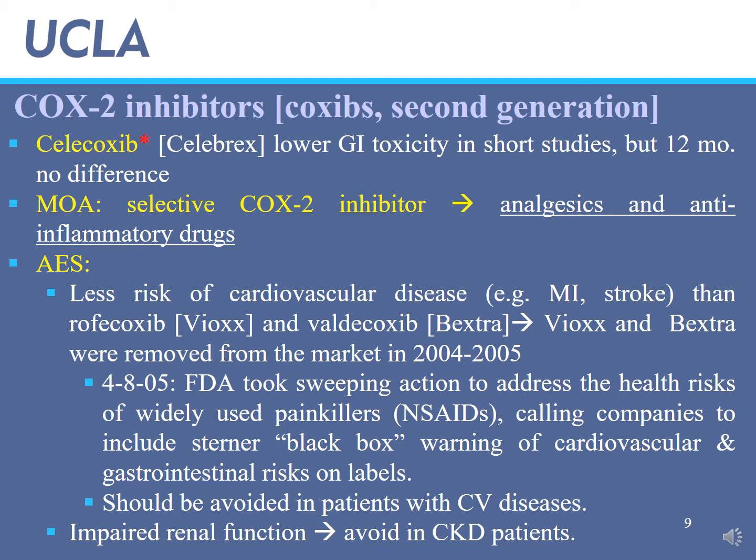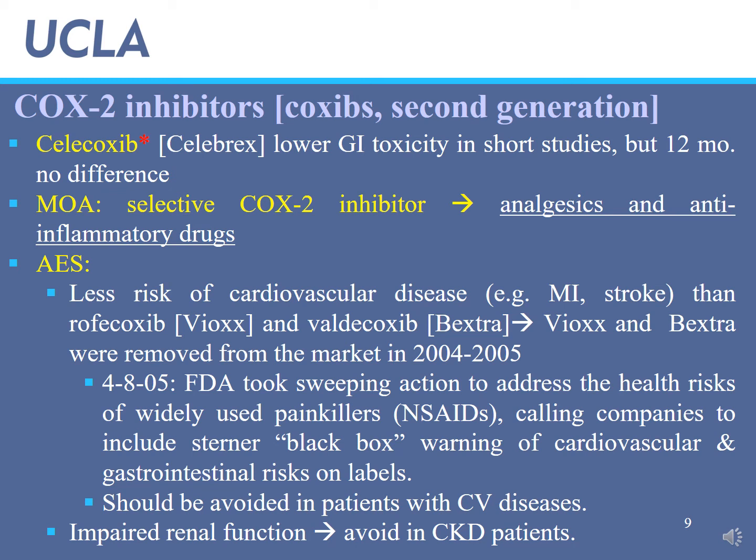It's a selective COX2 inhibitor with analgesic and anti-inflammatory property. You also have less risk of cardiovascular disease than the older ones. Actually, the older ones, such as rofecoxib, Vioxx, and valdecoxib, were removed from the market because of the increased risk of MI and stroke.